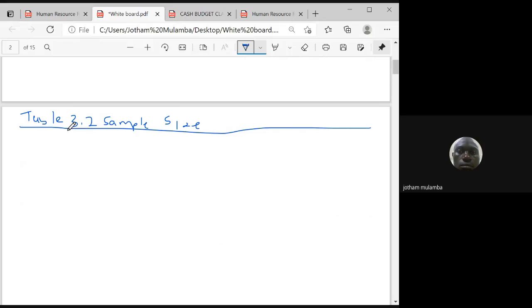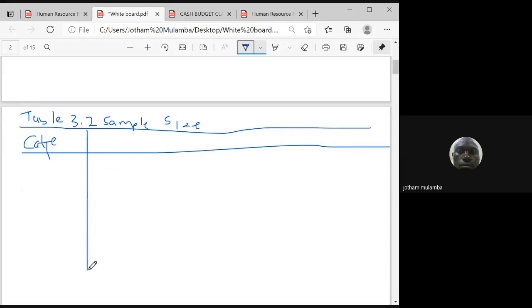On this table, we still have category. And our category was top, middle, and support staff.